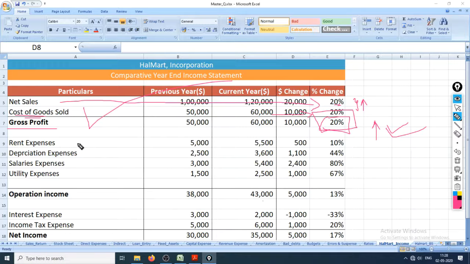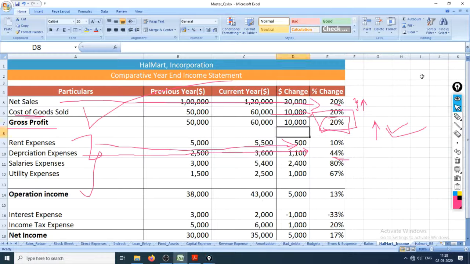You are the management, you are the CEO, and you have passed it. Let's check out the expenses right now. Rent expenses have increased 10%, pretty much inflation, acceptable. Depreciation expense has increased 44%. One thing you should note is that depreciation has increased, hence there should be a parallel increase of fixed assets.